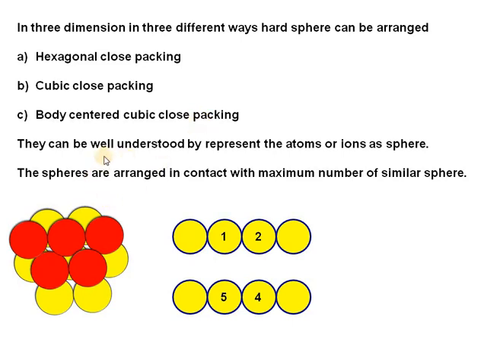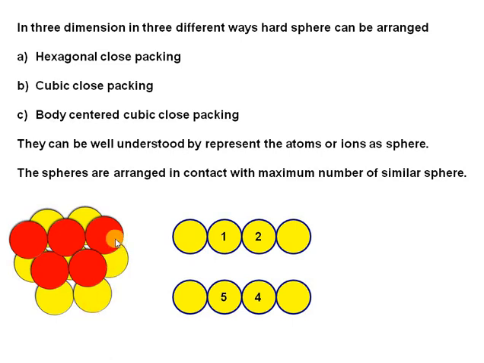Such arrangements can be well understood by representing the atoms or ions as spheres. The spheres are arranged in contact with the maximum number of similar spheres. For example, firstly we have here two layers.